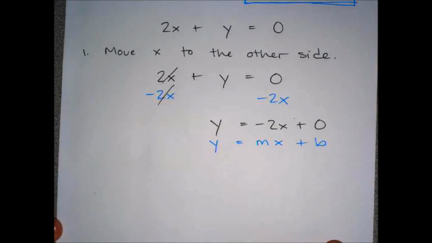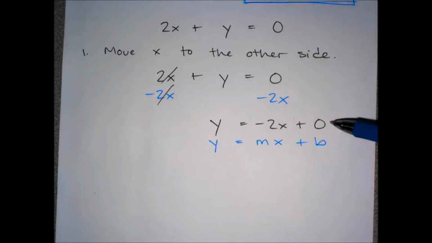Slide that up there so you can see that. So what we're able to determine from this is that the line crosses the y-axis right when y equals 0. And it has a slope of negative 2.